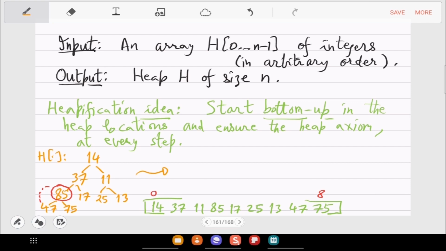First step is the bottommost internal node. Okay, so look at the bottommost internal node where there is a violation, and then you exchange and correct that locally.